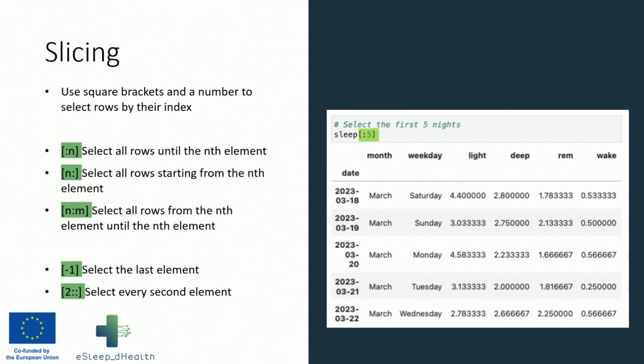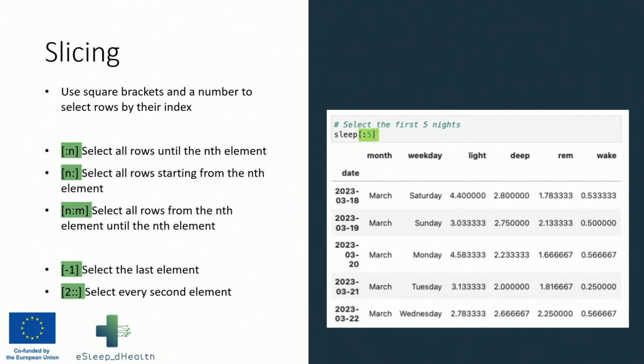Or if we want to only select rows in a certain range, we can select everything from the nth element until the mth element. For example, everything from the 5th until the 10th row. Here are some extra tricks. If you type a -1 into the bracket, then you will always get the last element of the data frame.